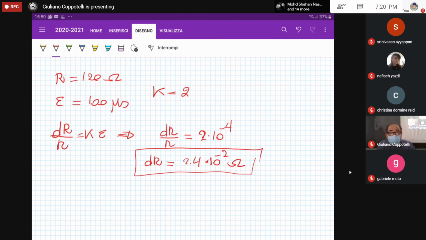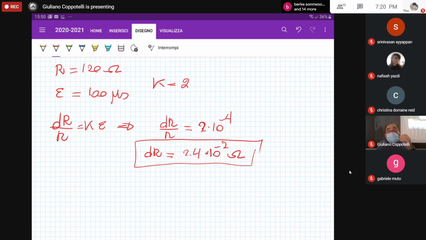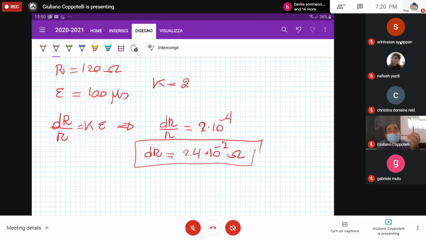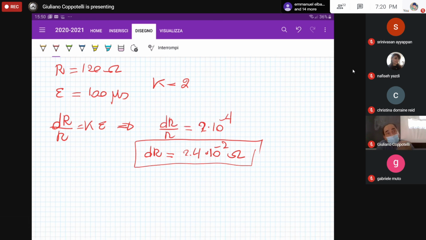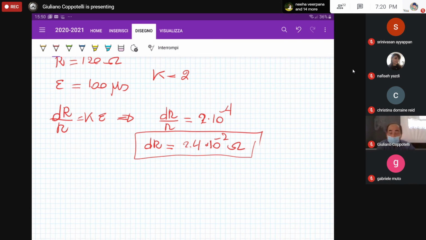If you experienced measuring resistance using the multimeter, the one that you probably used when you were young, you easily recall that the minimum value of the resistance is, let's say, 0.1 ohm. Here we need 0.01 ohm, even less. So what you need is a special measuring device that is capable of being accurate enough with such a very tiny value of the change of resistance.